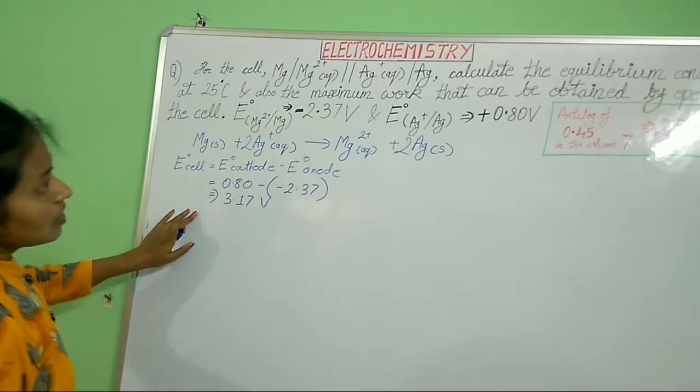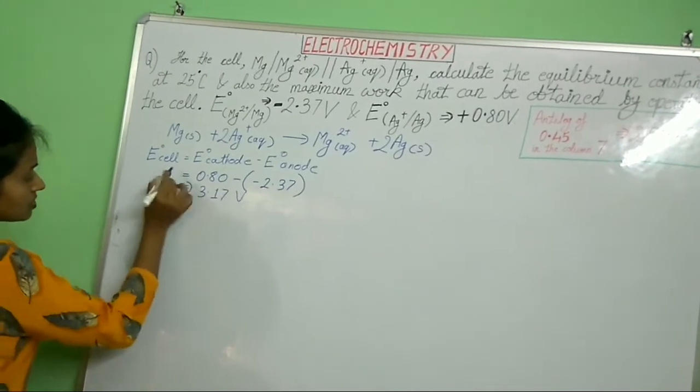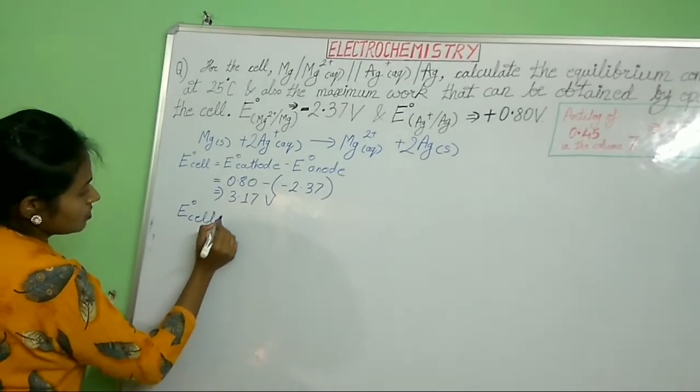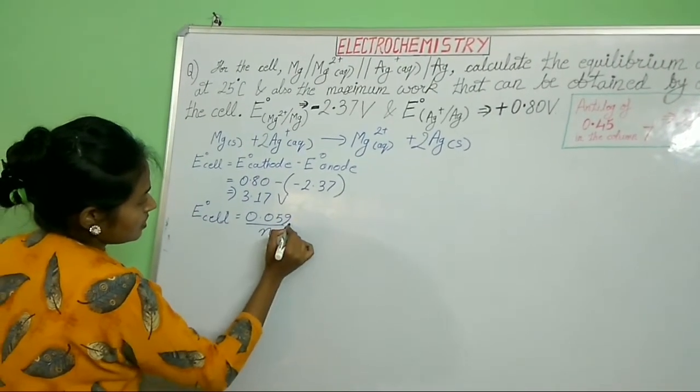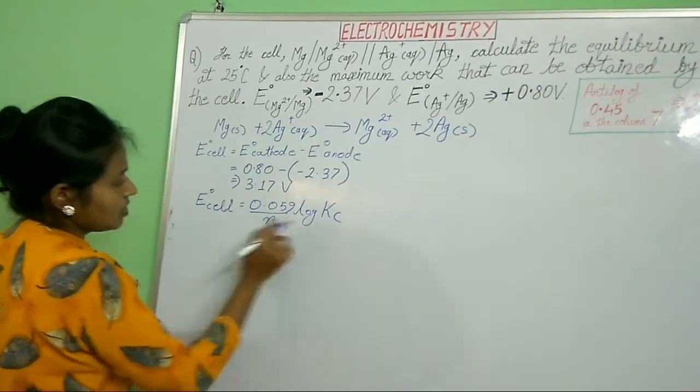Now what is asked here? We have to calculate the equilibrium constant. So how to find the equilibrium constant from E0 cell? E0 cell is equal to 0.059 by n into log Kc. This log Kc is the equilibrium constant.